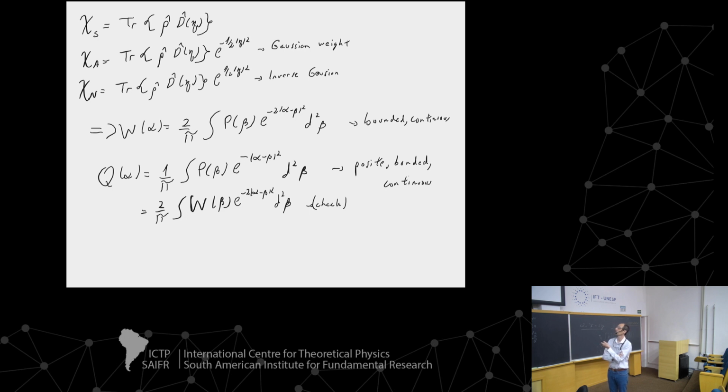So basically, you're using your displacement operator acting on your density operator and evaluating the diagonal terms in the coherent basis to get your characteristic function. Their difference now is that you have a weighting of a Gaussian to get the anti-normal, and here you multiply by the inverse of a Gaussian to get your normal characteristic function.